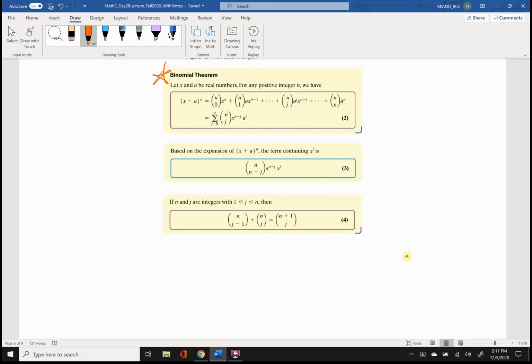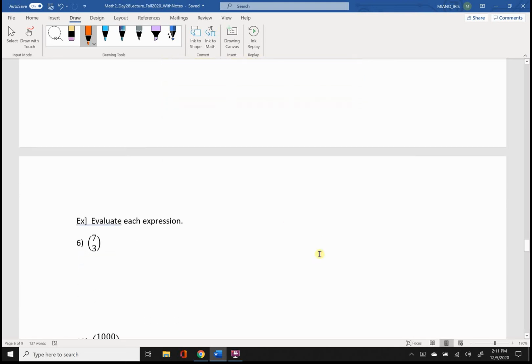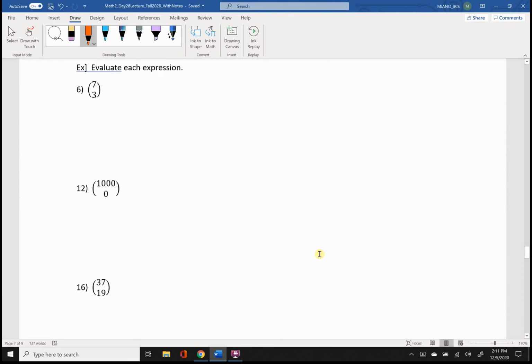So we'll definitely use this formula. And then we have a relationship between the consecutive binomial coefficients, and what we can say that they are equal to there. Okay, cool. So let's go ahead and start practicing just by using the binomial coefficient definition with the factorials and all that business here.